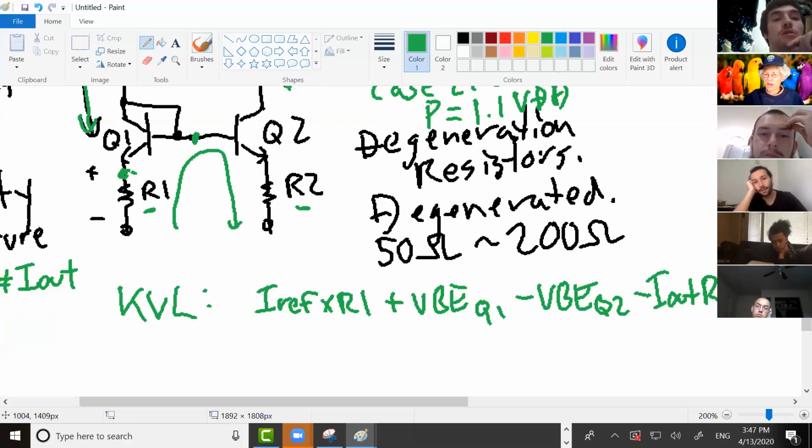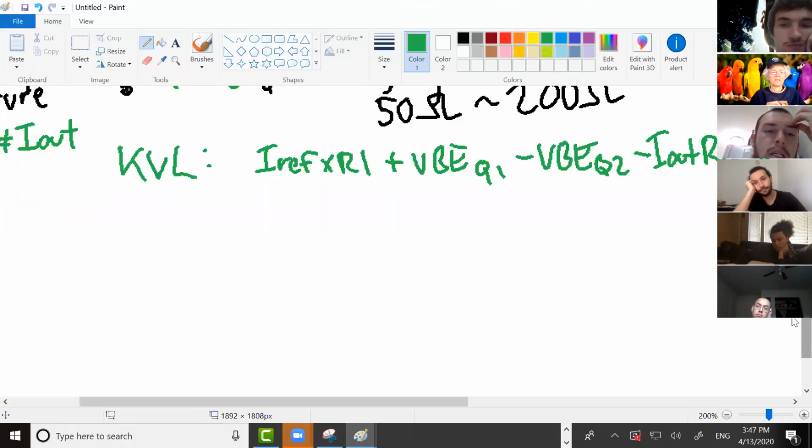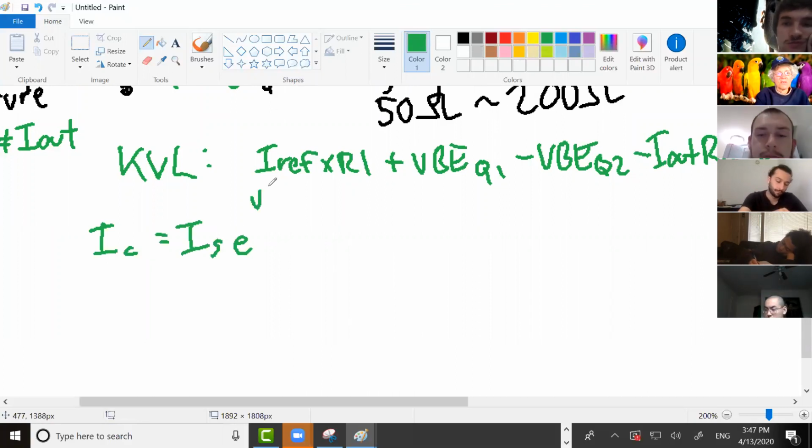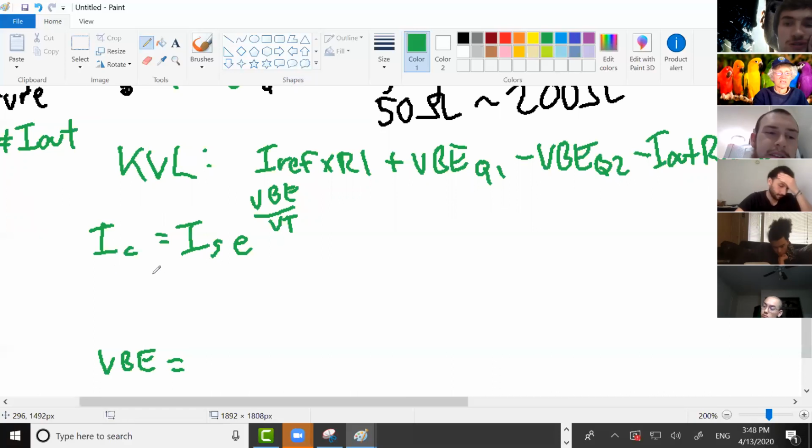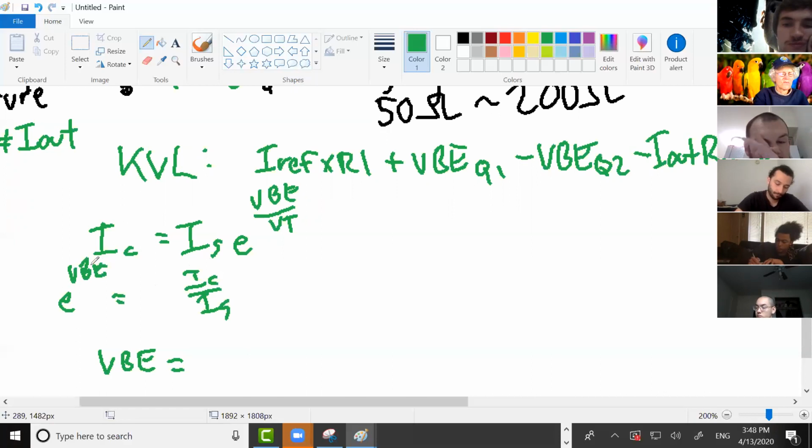So let's look at what we have to use for VBE here. We'll start with IC equals IS e to the VBE over VT. Now I want to come up with an equation VBE equals something. So to get to VBE equals something, I'm going to divide both sides by IS. So I get IC over IS equals e to the VBE over VT.